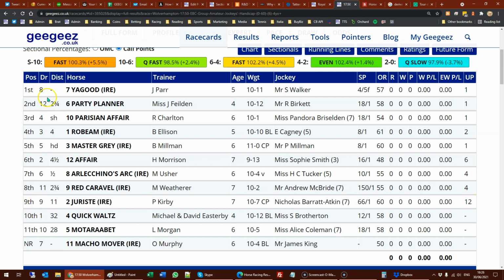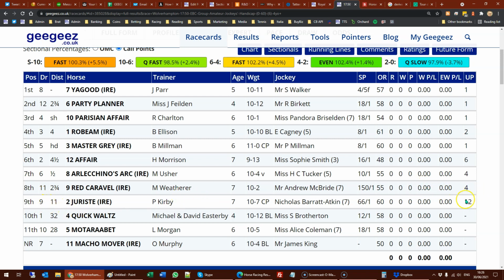But if we look at the distance beaten, he was beaten 5, 16, 18 3/4, 19, 23. He's beaten 26 lengths. So you've got to be quite forgiving to think that on another day he might have won this race.